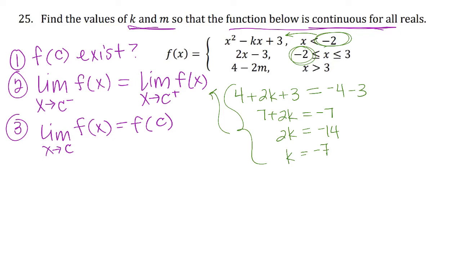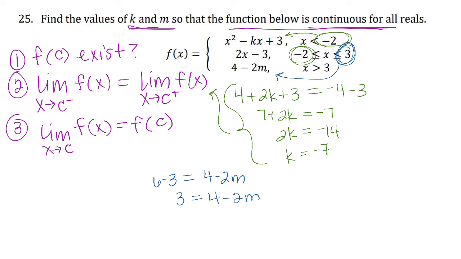Okay, so again, setting up the same steps that we did earlier. However, this time we're subbing in 3. And whenever we sub in 3, we're going to have 2 times 3 minus 3. That has to be equal to, because we're forcing this to be continuous, 4 minus 2m. So I have 3 equals 4 minus 2m.